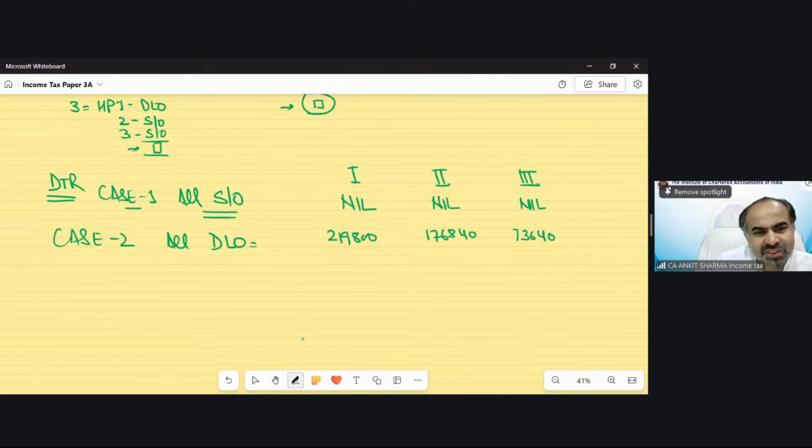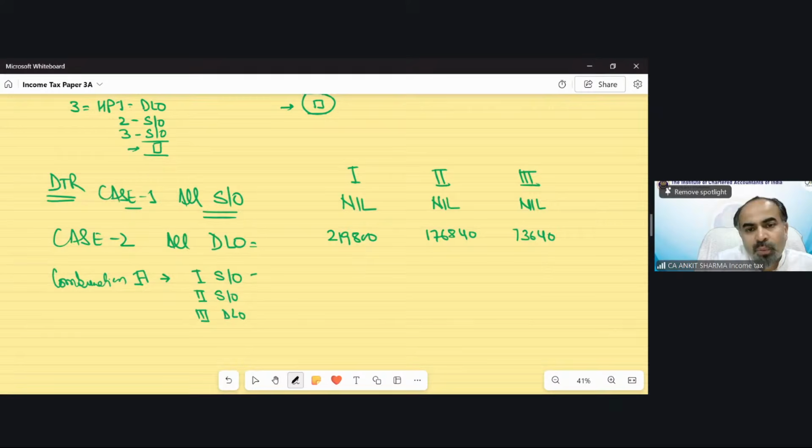Now the combination. Combination 1, case 1, whatever you want to say, combination A, let's assume, okay? So in this what will we do? Suppose first property we are assuming as self-occupied, and 2 also self-occupied, and we are taking third as deemed let out. So what will we do?